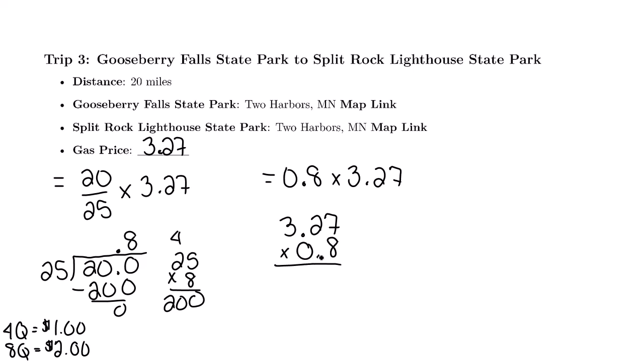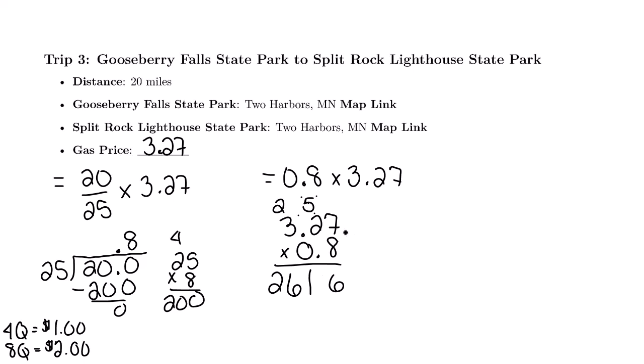Now, we're not going to worry about the decimal till the end, and we have to count our places. So let's just multiply as usual. 7 times 8 is 56. Great. 8 times 2 is 16, 17, 18, 19, 20, 21. 8 times 3 is 24, 25, 26.